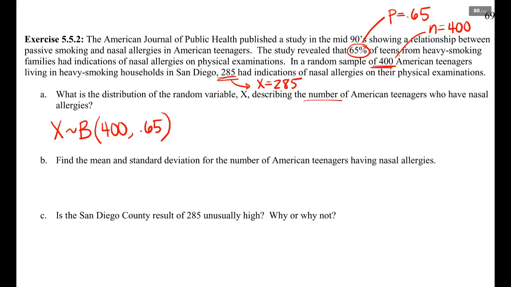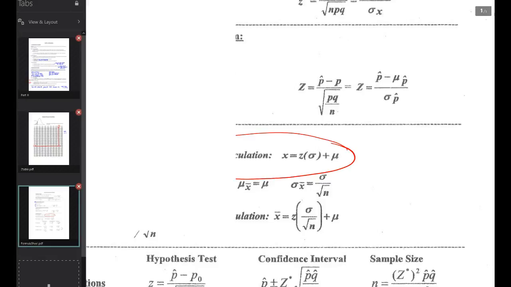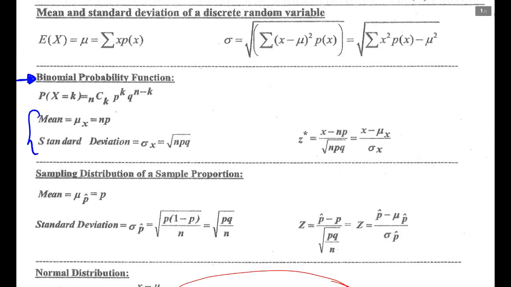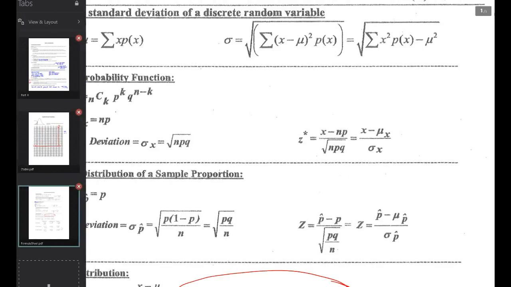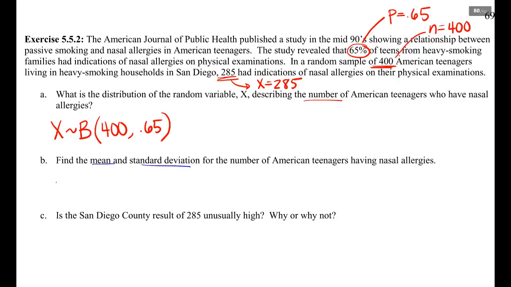Next question says to find our mean and standard deviation. Well, we know we're dealing with a binomial, so we could go straight to our formula sheet and pull those straight off the sheet. My mean is NP, my standard deviation is the square root of NPQ.